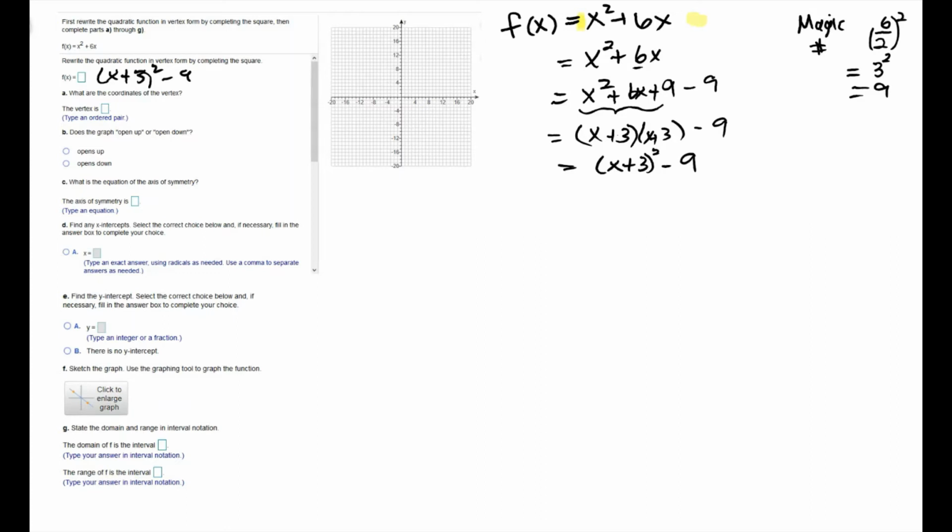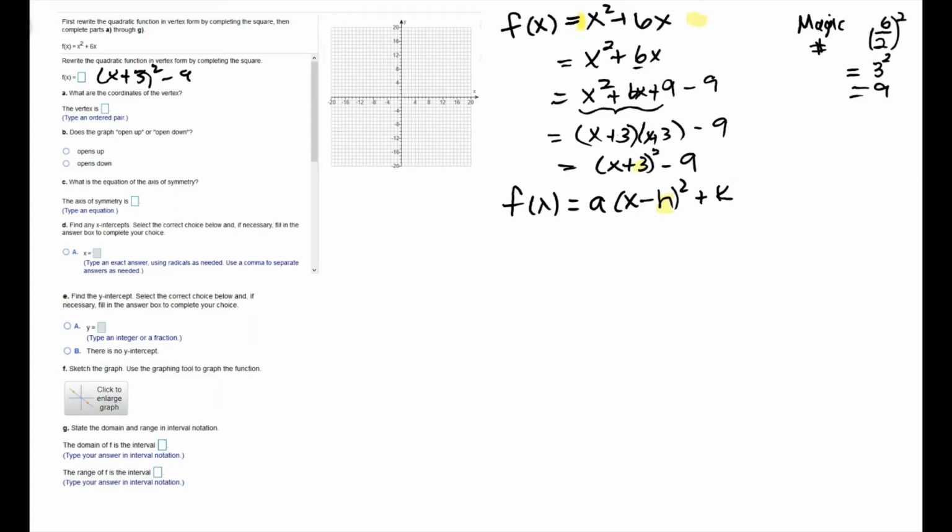We can also figure out what the vertex is from this vertex form: f of x equals a times x minus h squared plus k. So if we pay attention here, we've got minus h. So in the h spot, we have this 3, but notice it doesn't exactly match up.